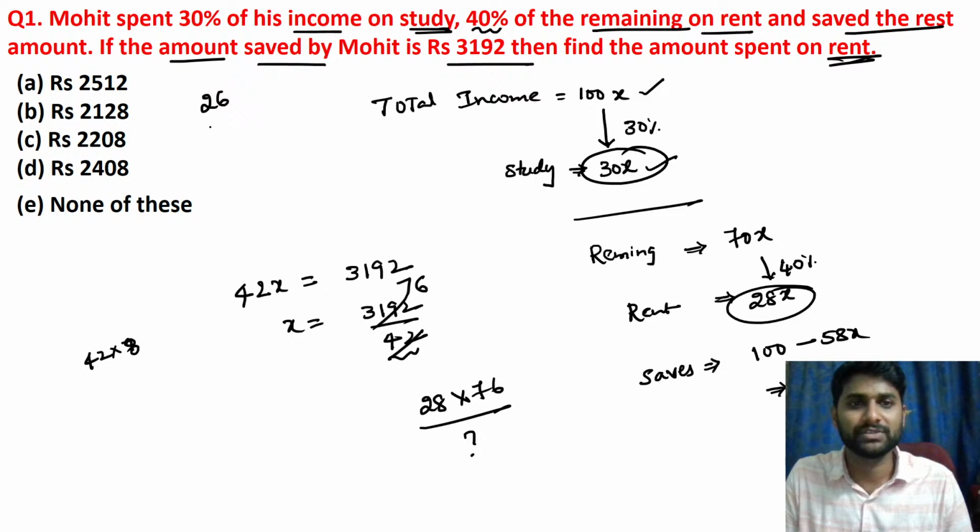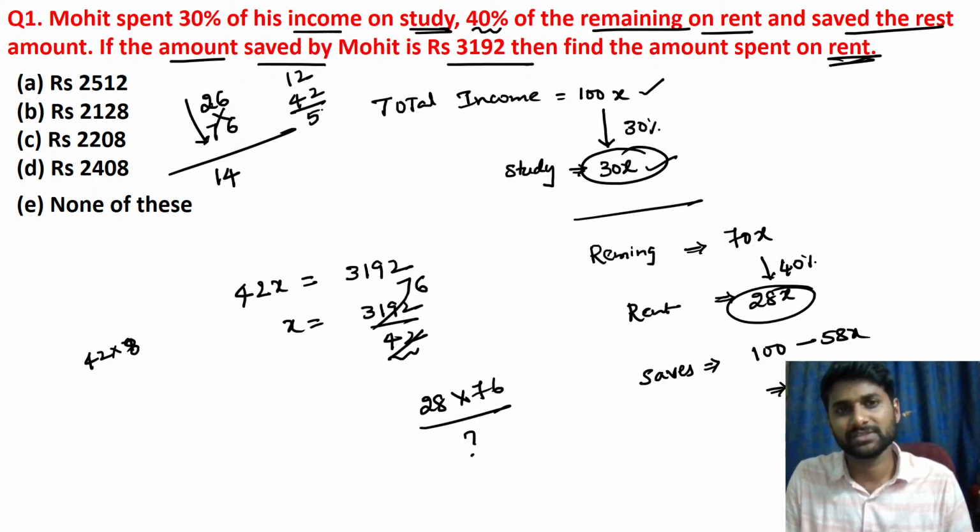I will tell you the two-digit multiplication. First multiply these two numbers, 7 twos are 14, and then cross multiply them. 2 6s are 12, 7 6s are 42, and the sum of these two numbers is 54, so 4 here and 5 is the carry forward. Finally, 6 6s are 36.